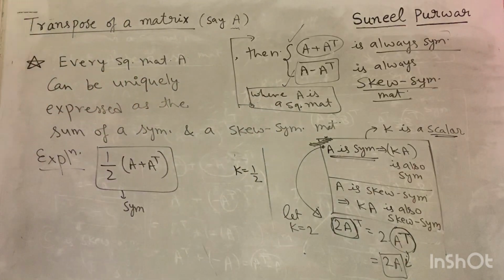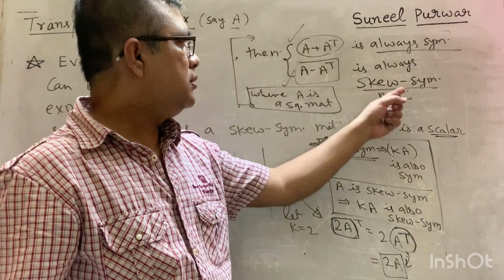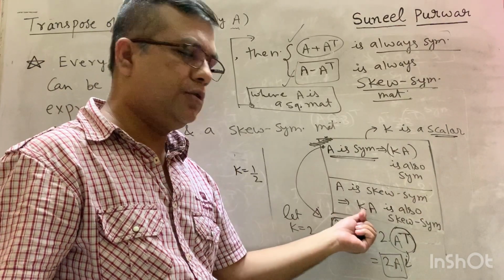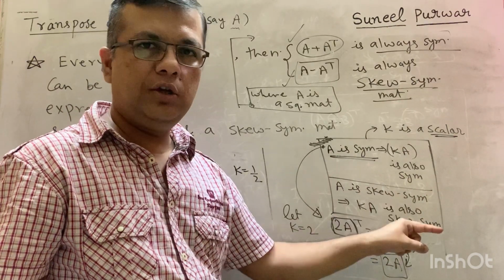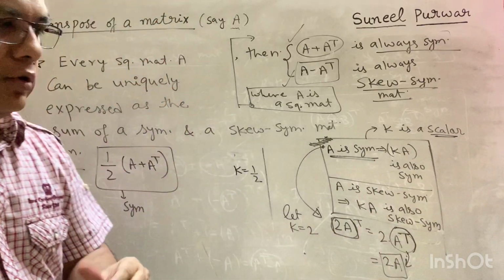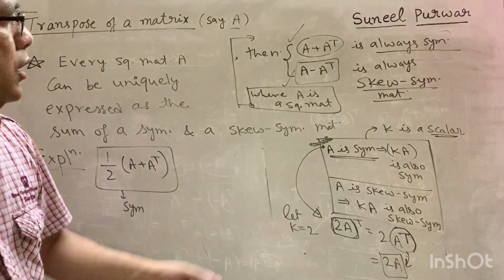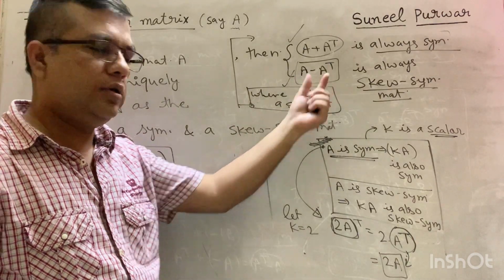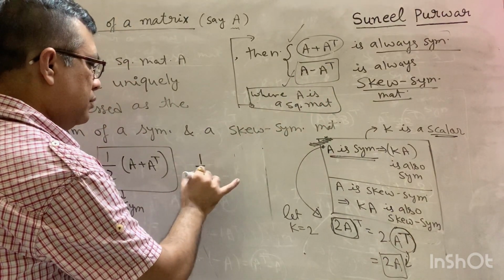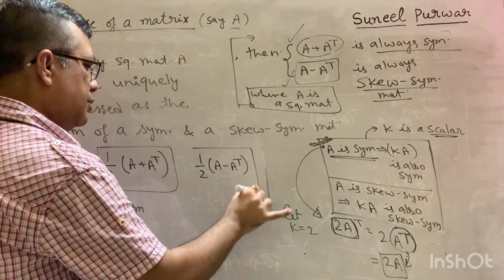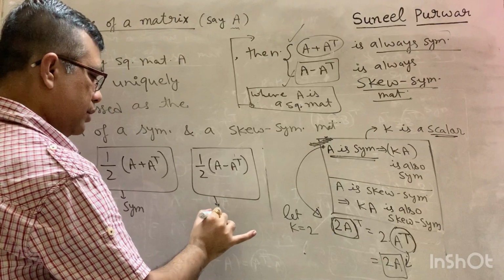So A minus A transpose is always skew symmetric. So अगर हमारा मैट्रिक्स skew symmetric है, उसमें कुछ भी नंबर मल्टीप्लाई करो, न्यू मैट्रिक्स इज ऑल्सो स्क्यू सिमेट्रिक. तो वो नंबर हमारा क्या है, 1 by 2. ओके, तो हाफ ऑफ दिस विल ऑल्सो बी स्क्यू सिमेट्रिक.